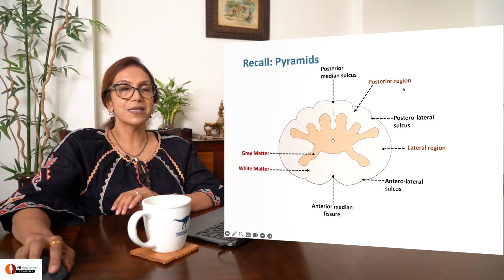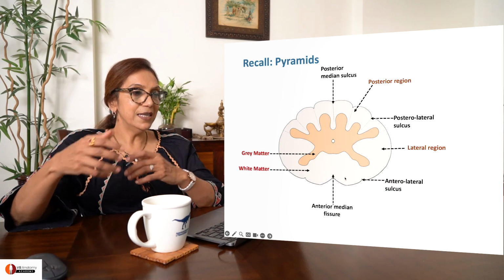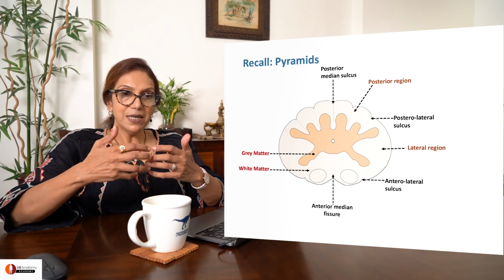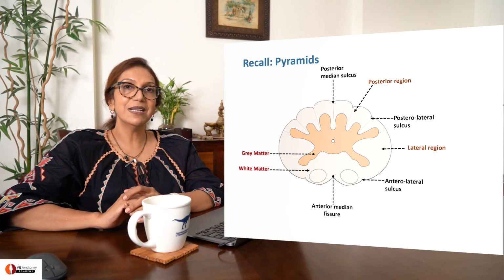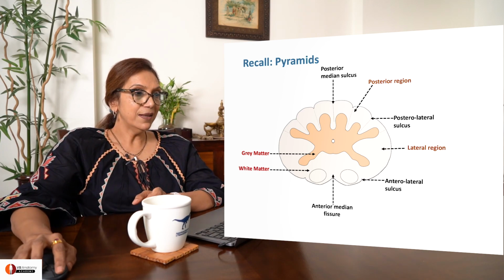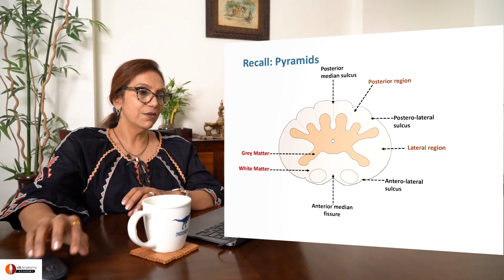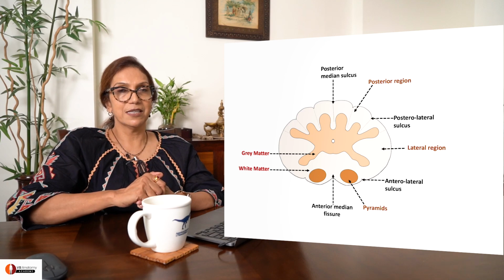Now what happens? Okay. So what we see is in the anterior region, the region becomes a little swollen. It begins to protrude forwards a little more. And you should now draw two sections in it, color them up, and which are our pyramids.